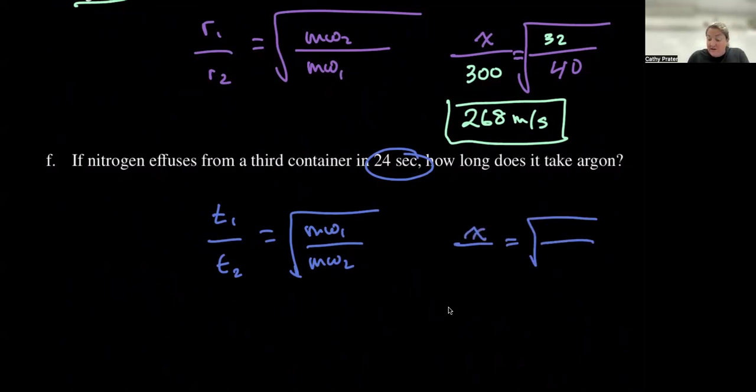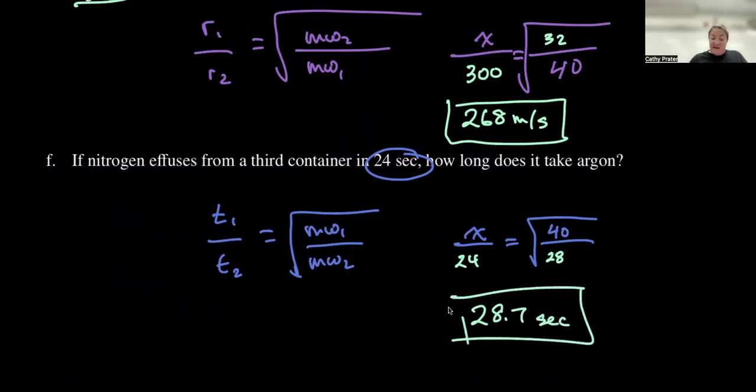So if that is argon's time, that should be argon's molecular weight. And if 24 is nitrogen's time, I need to put nitrogen's molecular weight there. So square root of 40 over 28 times 24 gives me 28.7. And this is seconds, for argon to take longer getting out of that container.